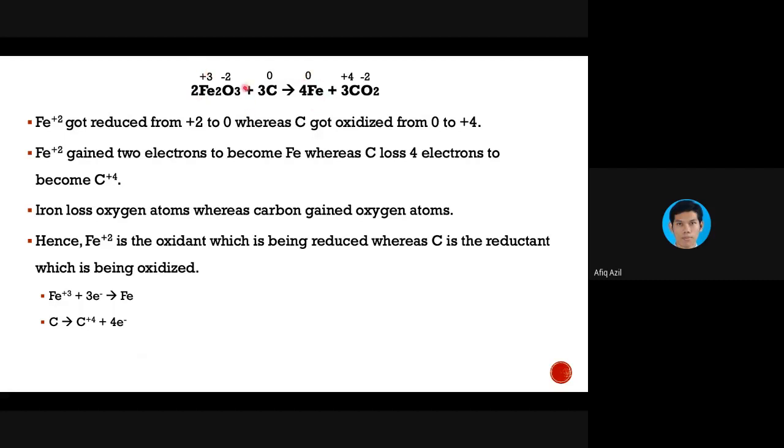The oxygen, if you check, still remains negative 2 over here, and on this side also negative 2. But for the carbon, from 0, it becomes positive 4. So carbon is undergoing oxidation, while the iron is undergoing reduction reaction, but the oxygen remains the same. So this would be the half equation.